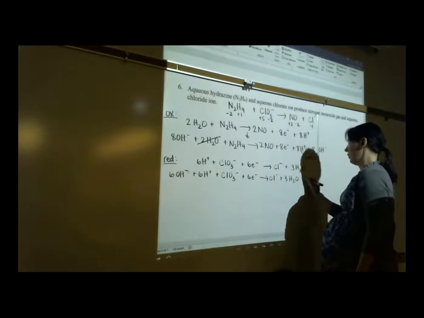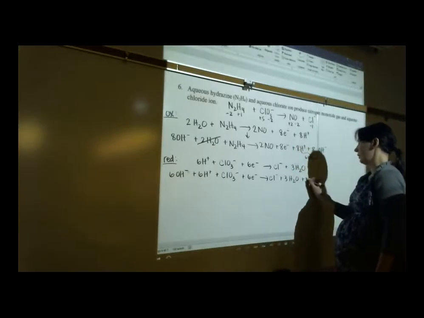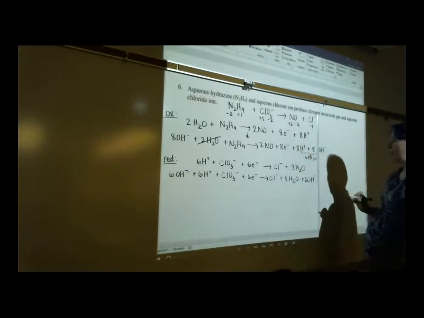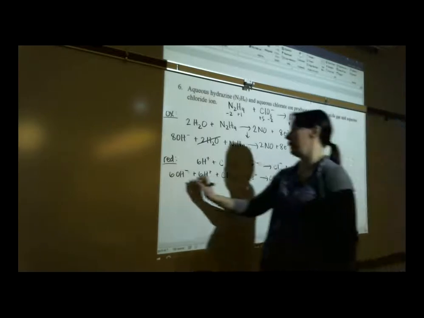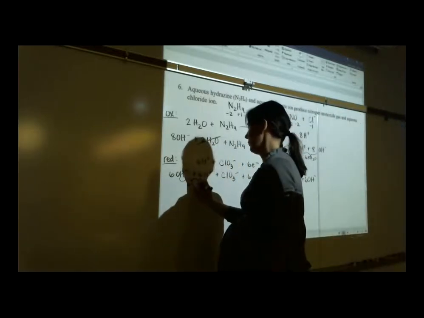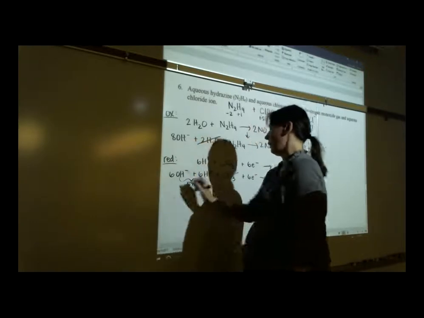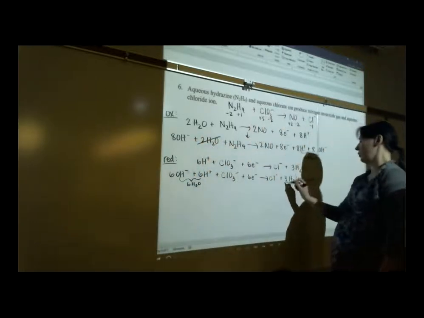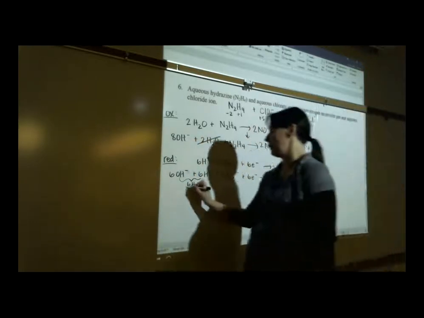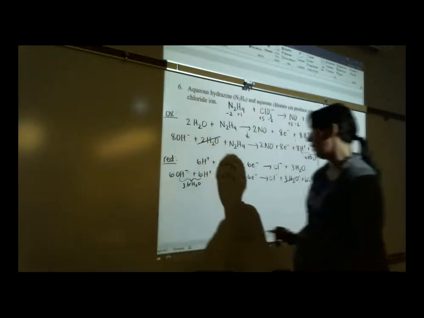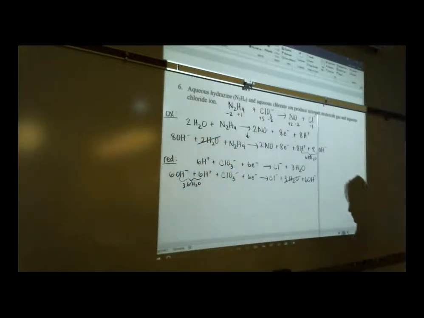So a little bit of writing. There's 6 there. Okay, now this and this come together to form water. Right, and then I've got 3 waters over here already, so we can go ahead and erase that and make it a 3. And now I've got a balanced half reaction.